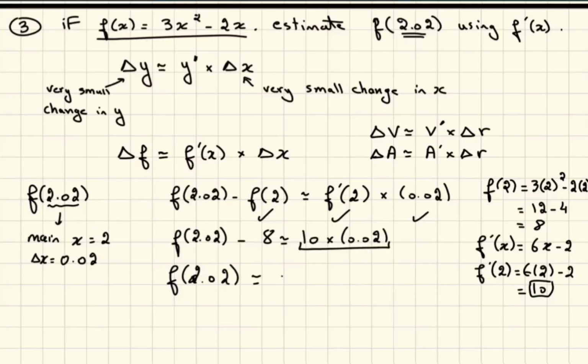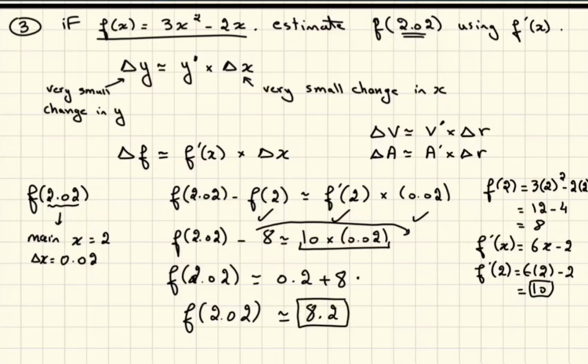You can calculate this, it's 0.2. And the negative 8 goes to the other side, will be plus 8. And we get our answer to be approximately 8.2. Now, if they want the exact value of f of 2.02, you just go back to f and replace 2.02, but the question is estimate.